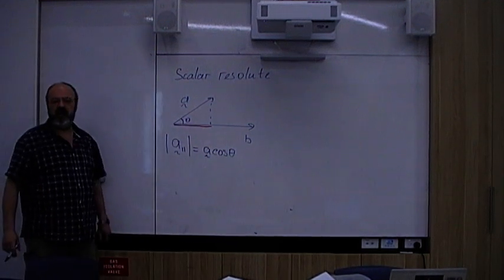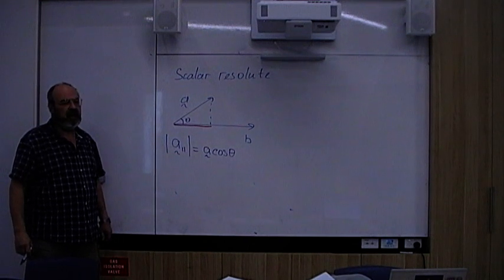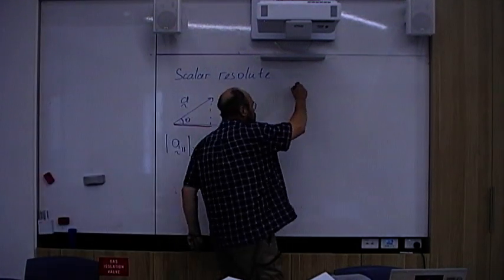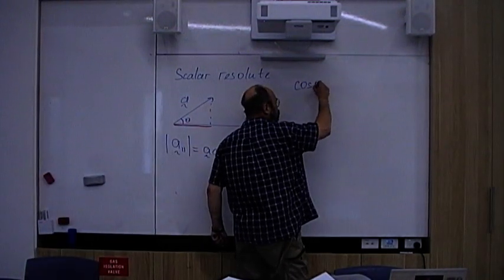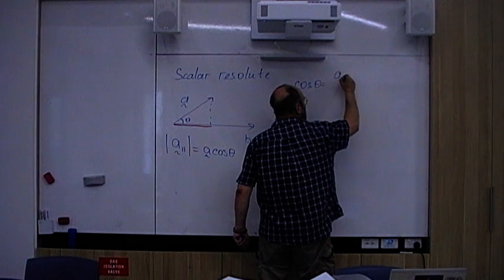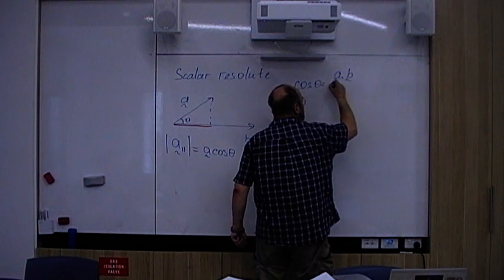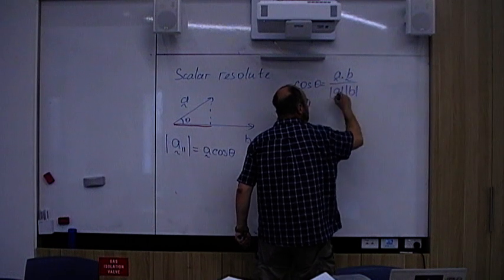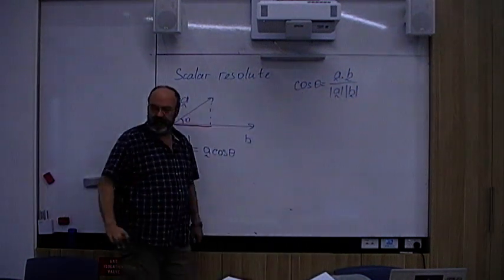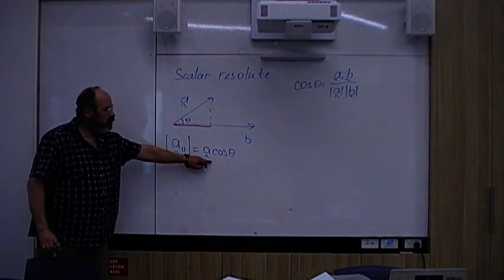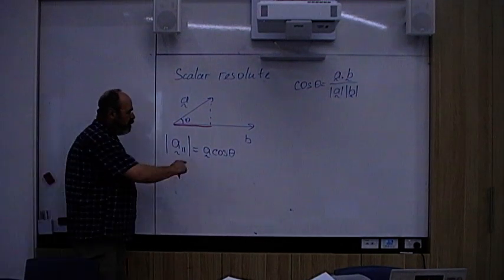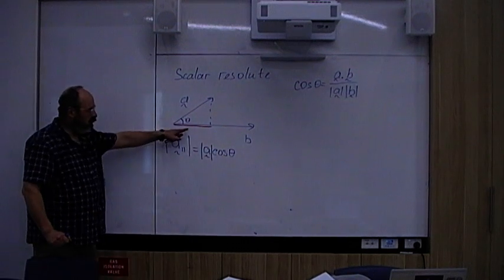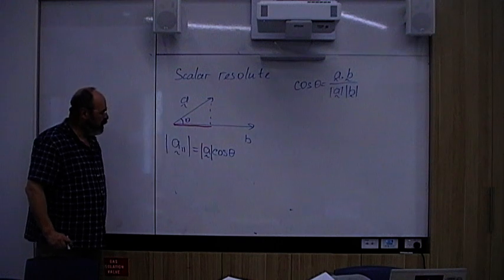Now, what is cos theta? From the dot product of vectors, the scalar product, cos of the angle between two vectors equals A dot B divided by length A times length B. Let's substitute it here. Sorry, length A here, because we're looking at the scalar resolute on the length of this.